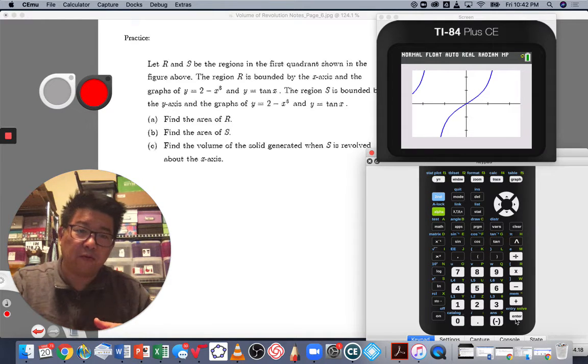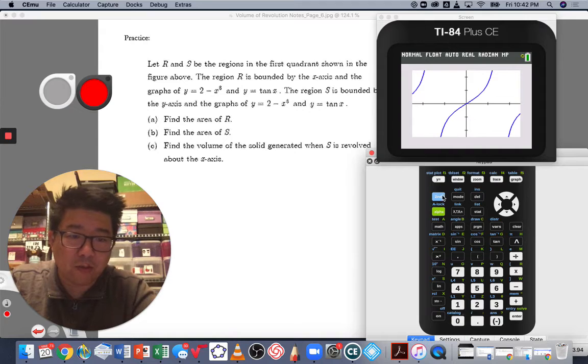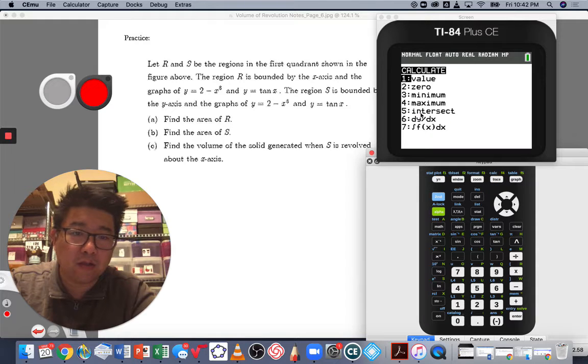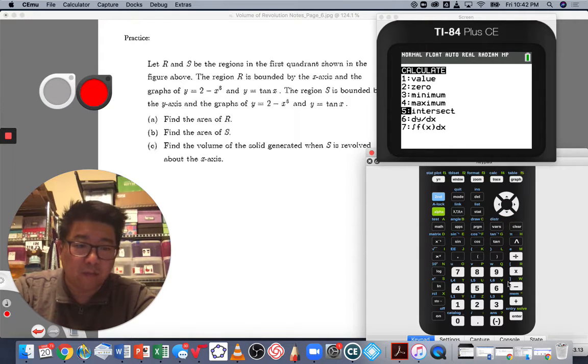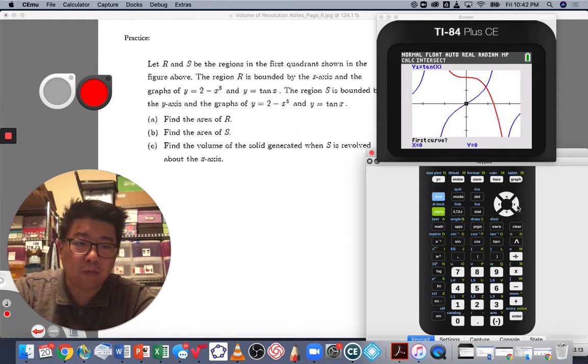How do we find the points of intersection? You guys remember, it's going to be second calc. Second calc, intersect is 5. So 1, 2, 3, 4, 5. Then we hit enter for the intersect. We want to move our little blinking cursor over to where it's intersecting. Now remember, you can have more than 2 graphs here.